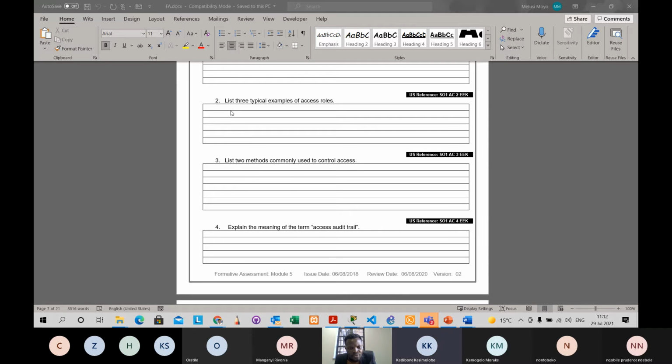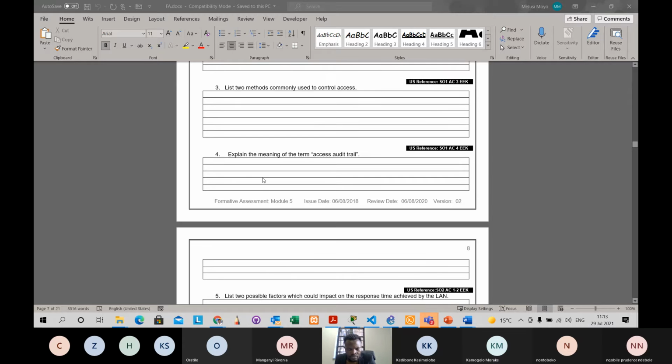And on number 2, I'm only interested in the access roles. So you can talk about the administrators, the guest users, the users, the super users or the power users. And the role-based access control, the rule-based access control, the discretionary, the mandatory, you can put on number 3.